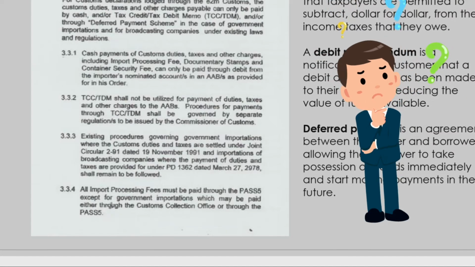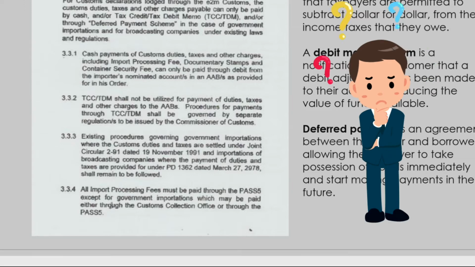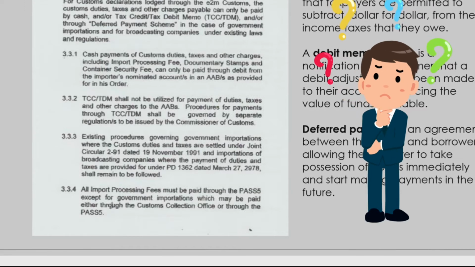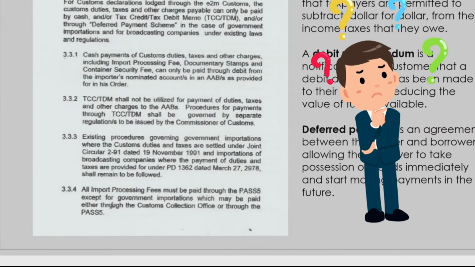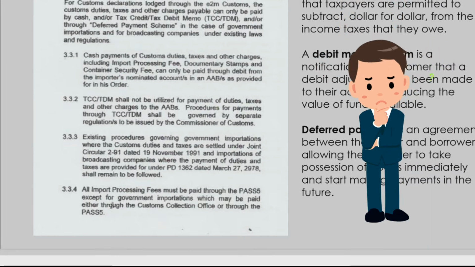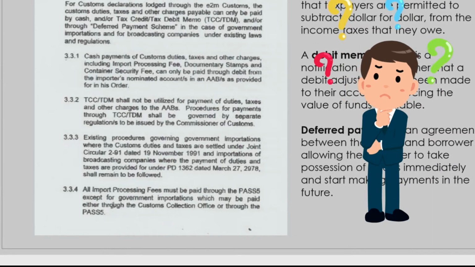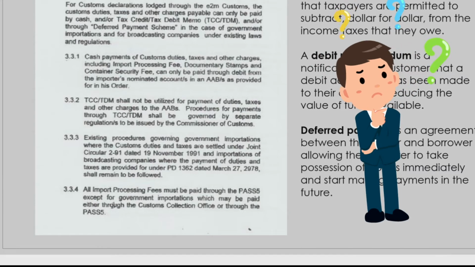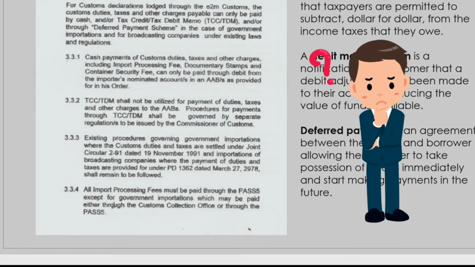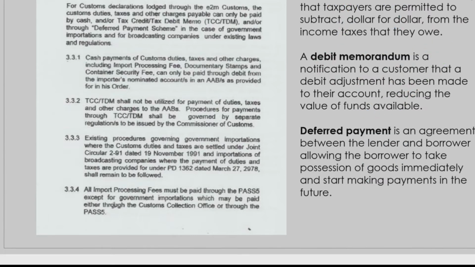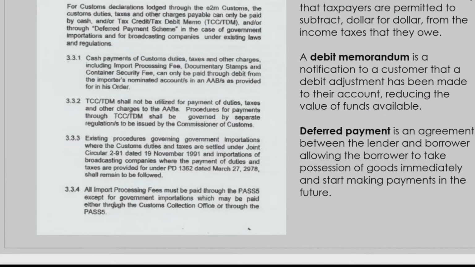So there are certain regulations about the importation of the government, and it says here that they are accepting deferred payment for the importation of government and broadcasting companies. All import processing fees must be paid through the PASS5 except for government importations, which may be paid either through the Customs Collection Office or through the PASS5.